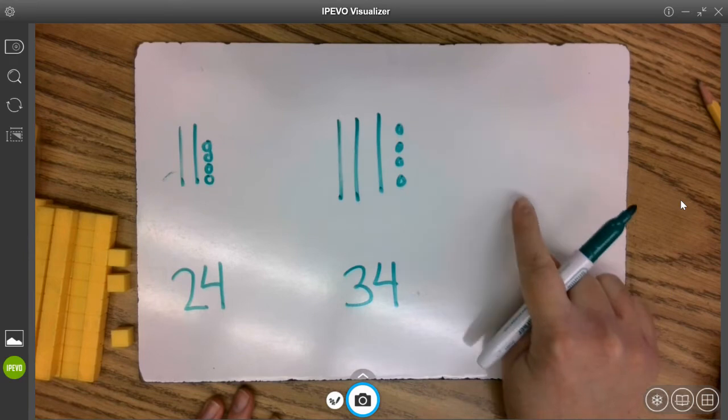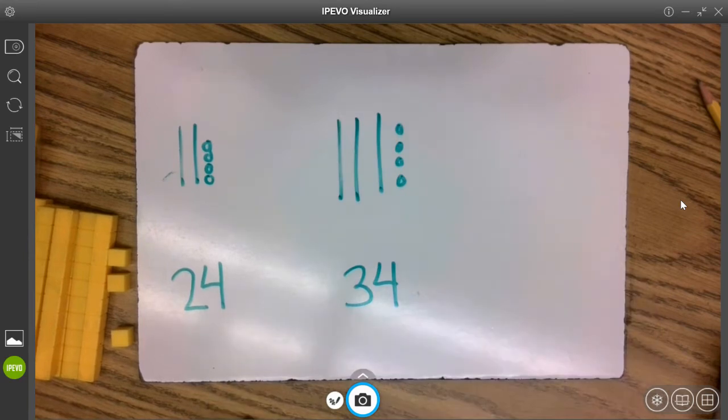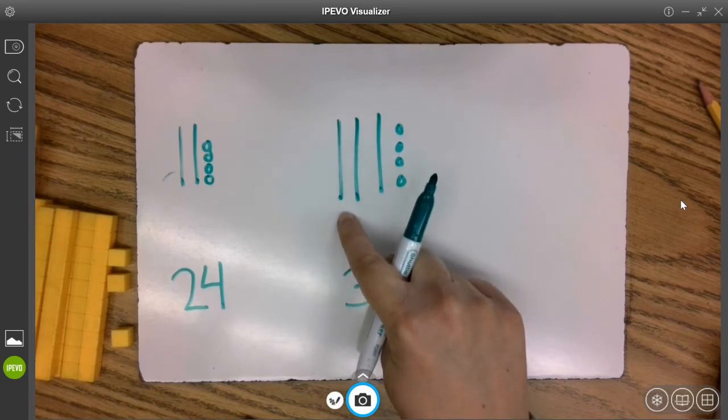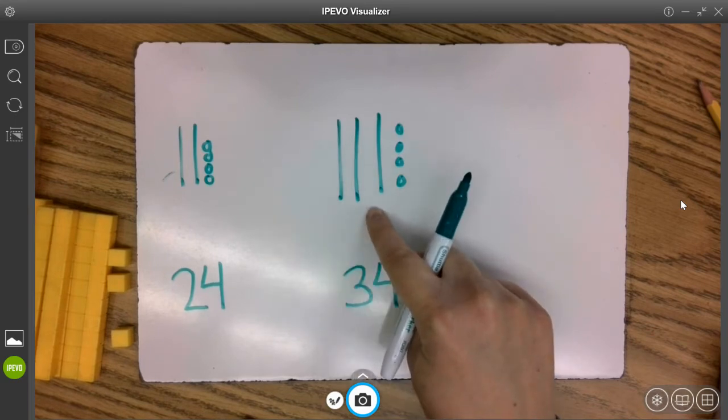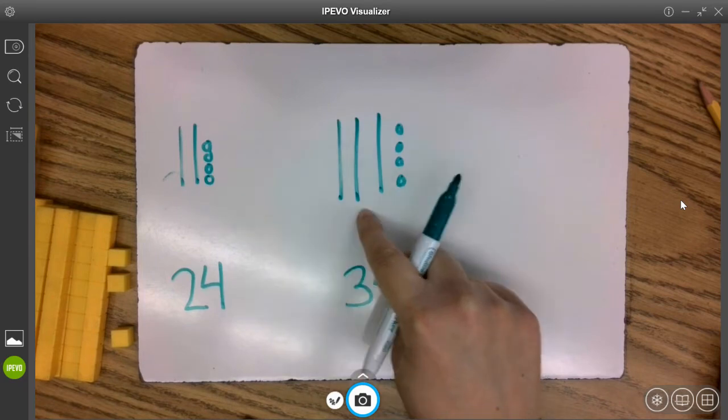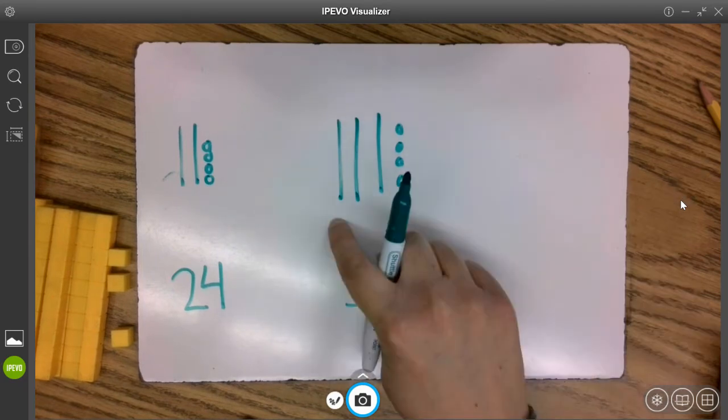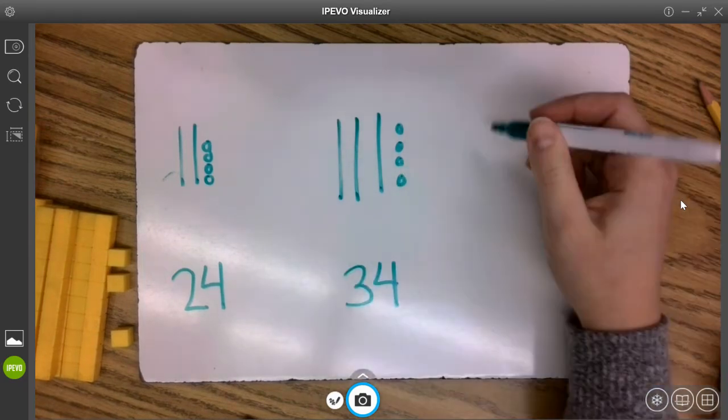What would be 10 more than 34? If we're going to have more, we're going to get bigger, and we're talking about the tens, so the group of tens is going to get bigger. 10 more, I add another group of tens.